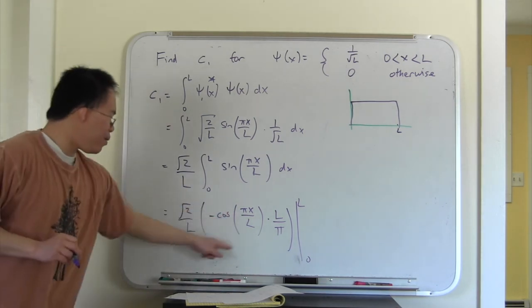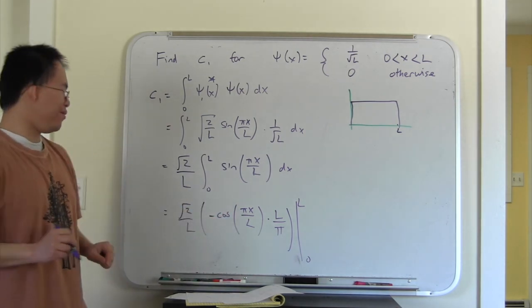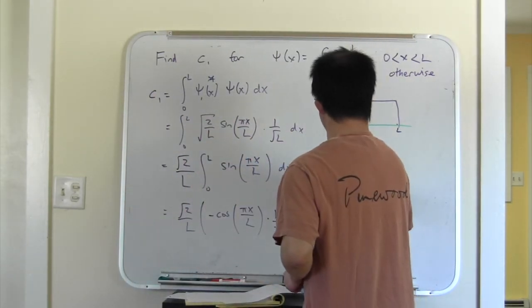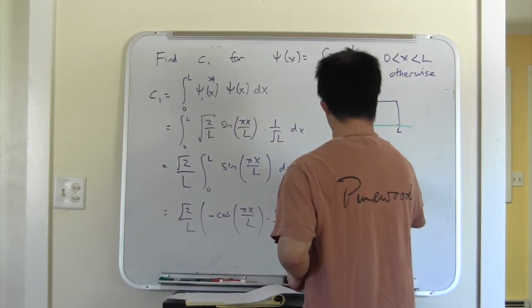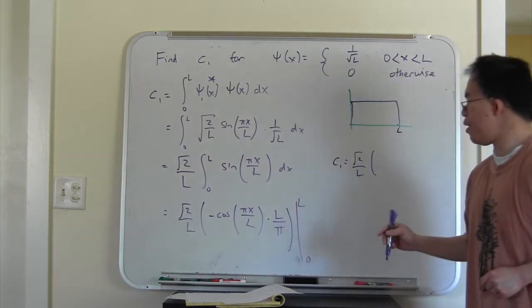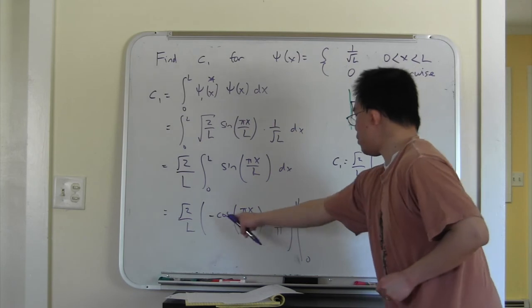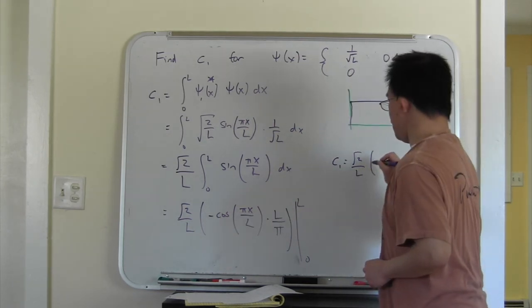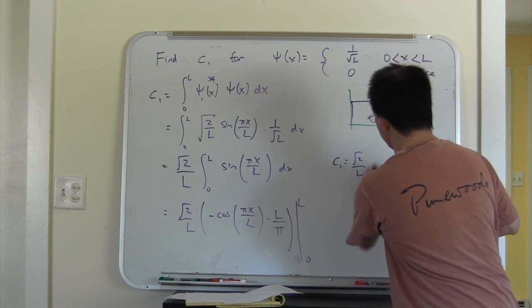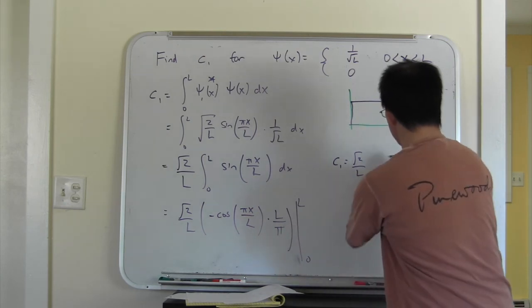Alright, so what's left for me is just to evaluate this. So I get C1 that equals root 2 over L. For the first term I have minus, so if I plug in L here, I have actually, before I do that, let me factor out the L over pi.